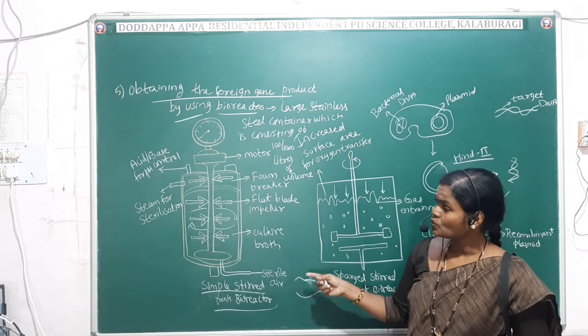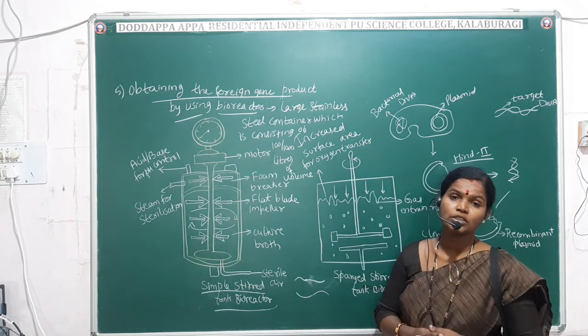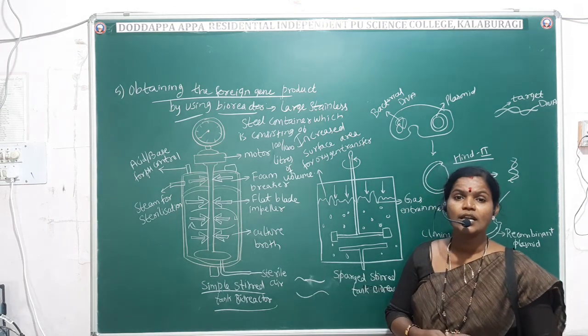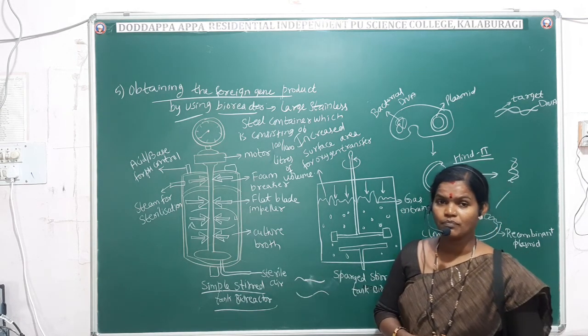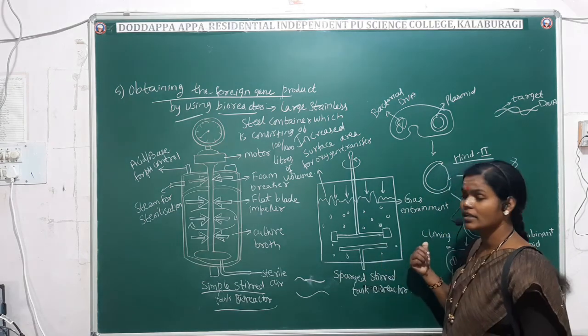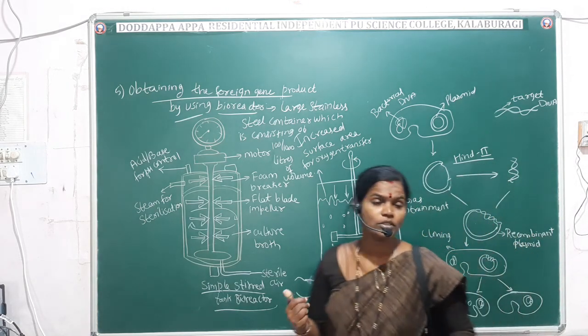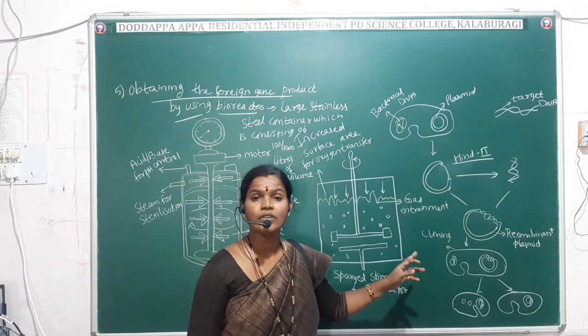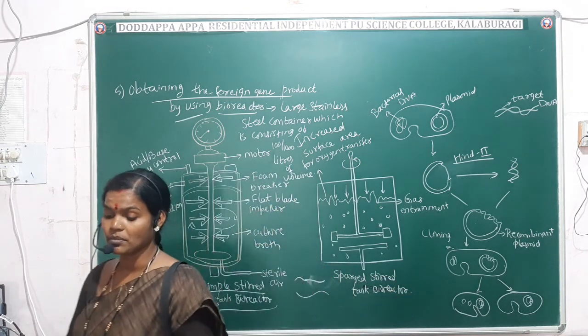This is very important for the 5 marks in the final exam. The diagram of recombinant DNA technology is also very important for 5 marks.